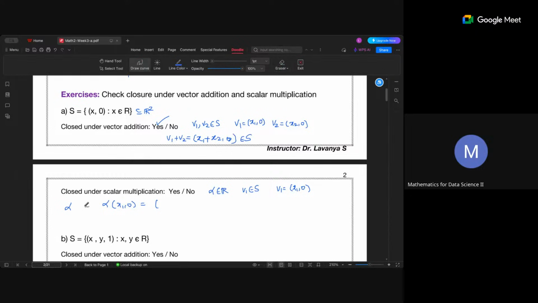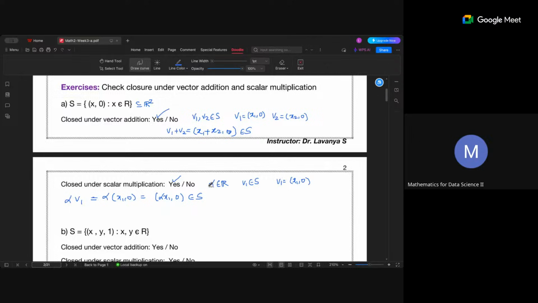So it is alpha times V1, and this is alpha x1 comma 0. So again, alpha x1 is a real number. So this is again in S. So this is also closed under scalar multiplication. Now, what is alpha? Alpha is just a real number, any real number. Okay, fine.